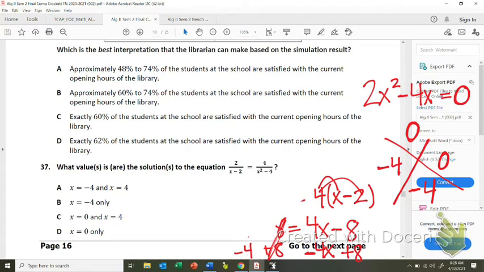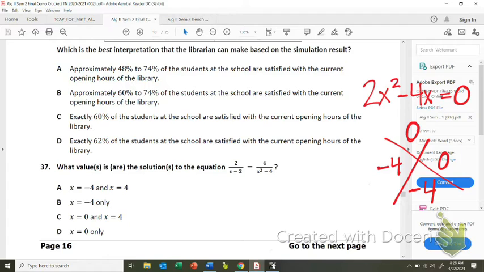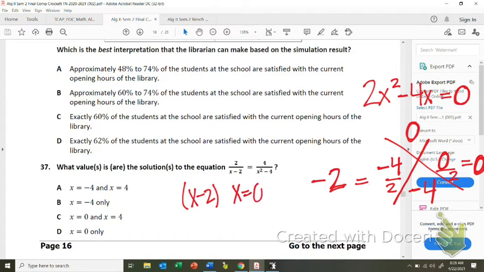Now, normally we would be done here. But we have an A value that is not 1. So what do we have to do with both negative 4 and 0? Divide by 2. Well, 0 just stays 0. And negative 4 divided by 2 is a negative 2. We have two binomials, x minus 2, and then, of course, just x equals 0.